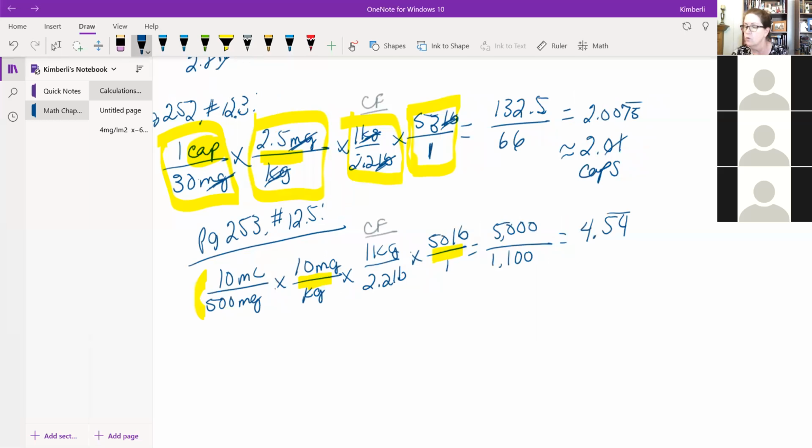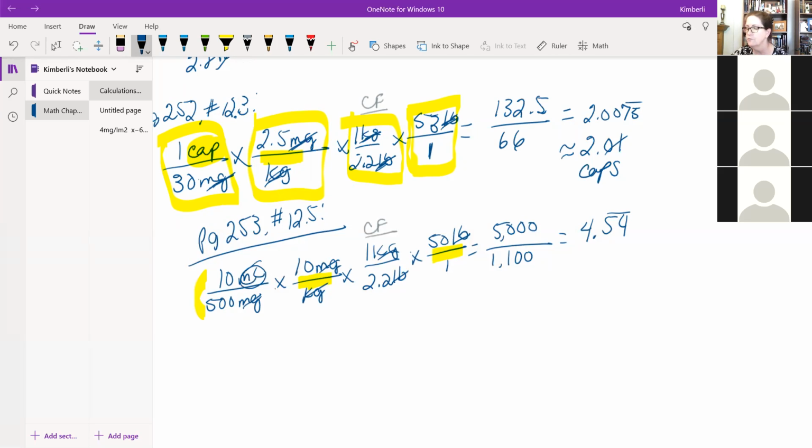And this is going to be what? What did I solve for? Capsules? Okay, let's see what canceled. Milligrams canceled, kilograms canceled, pounds canceled. What am I left with? mLs.